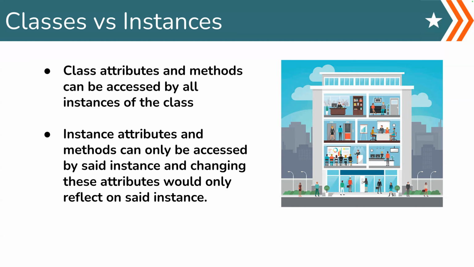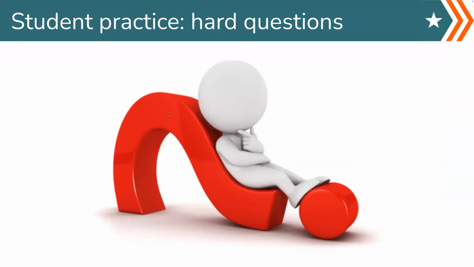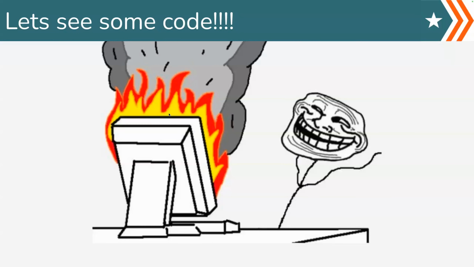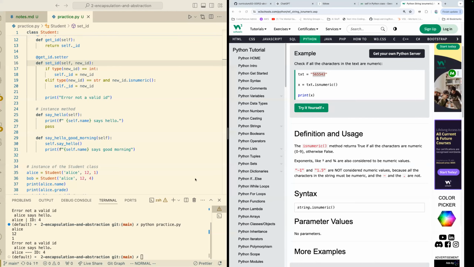And if I change that, it's only going to change that instance. If I change Alice's ID or her name, it doesn't affect Bob. For a class attribute, if I change it, it affects all the instances of that class. So let's talk about this and let's write a little code.